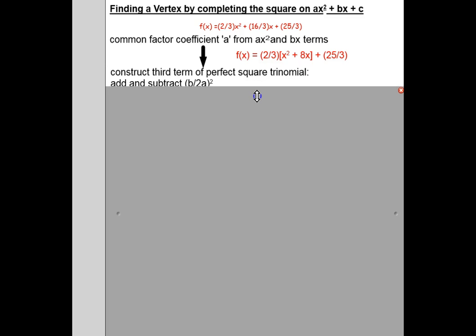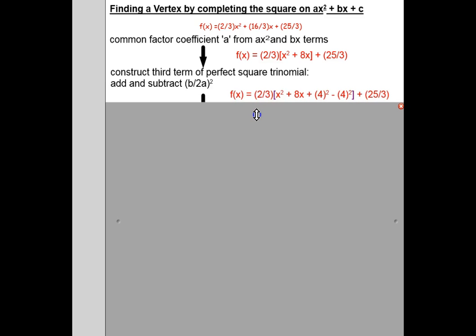The next step is to construct the third term of the perfect square trinomial and add and subtract half of b over a, squared. So at this point we have this 8 as b over a, and when we take half of 8 and square it, we would get the square of 4, which would give us 16.